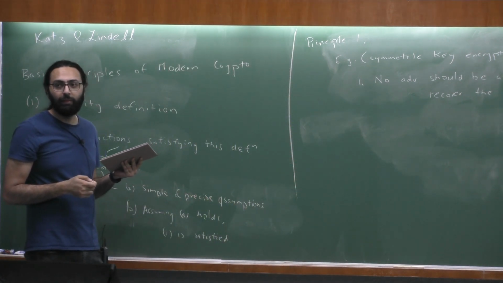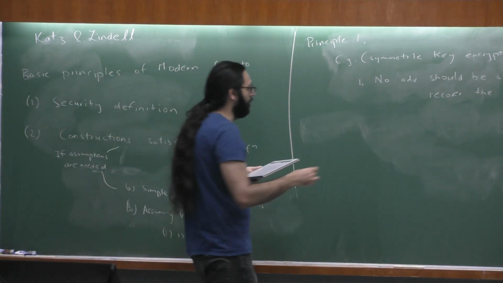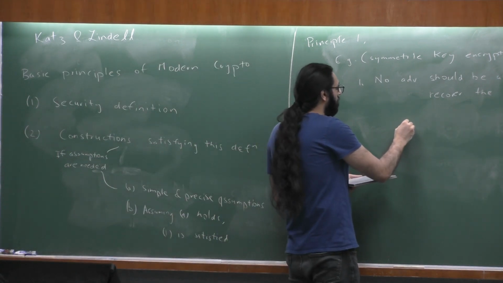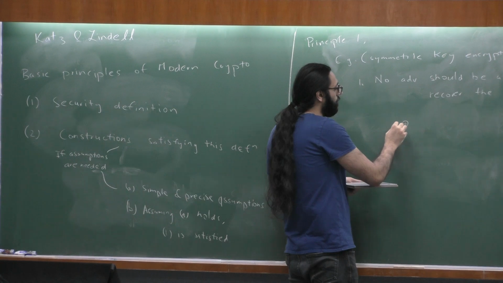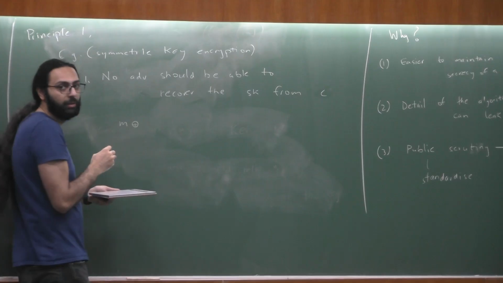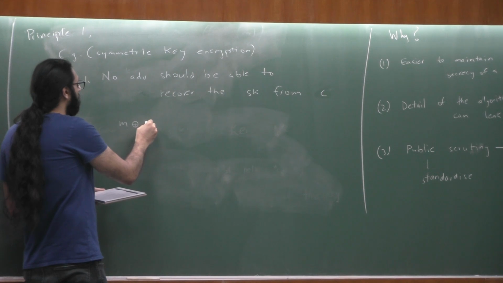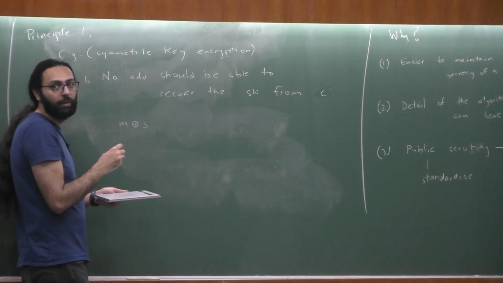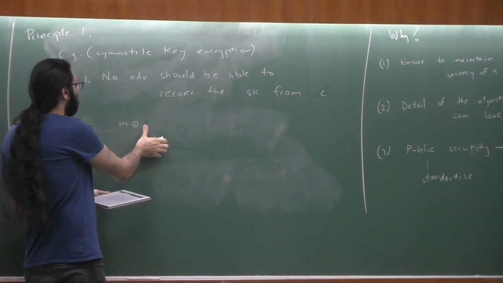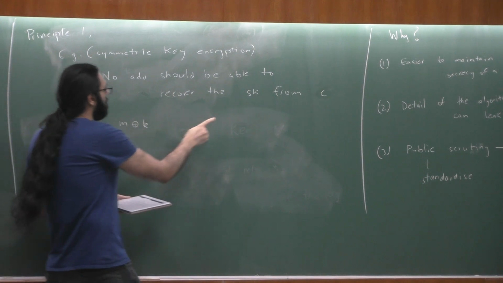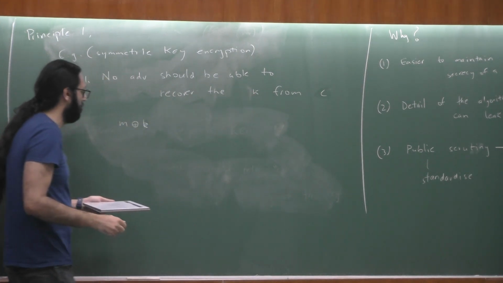Addition modulo something. So what do you want me to do? I have a message M, and then you can add the secret key. The ciphertext is M modulo K. Let me just write it as K, that's the notation I was using.